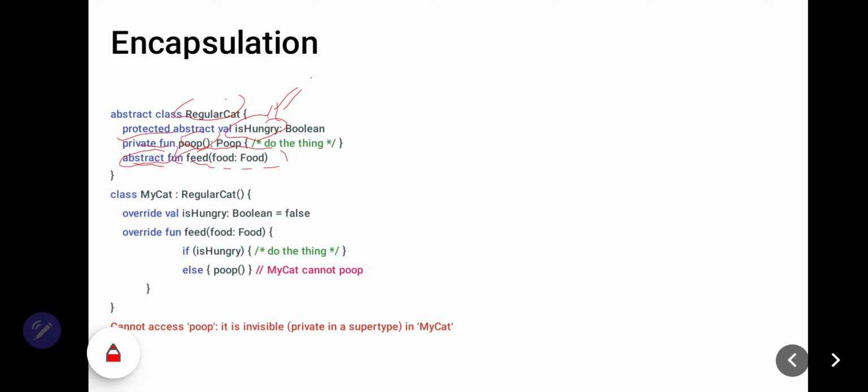Okay, you can see this attribute isHungry can be accessed by the inheritor class, and for this example the inheritor class is MyCat, and the class is RegularCat.